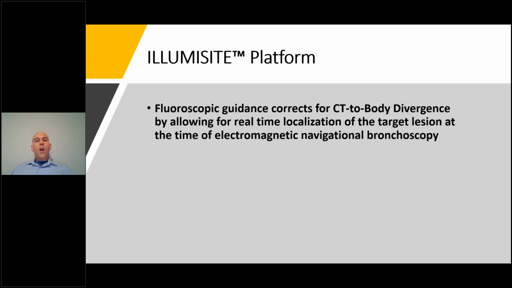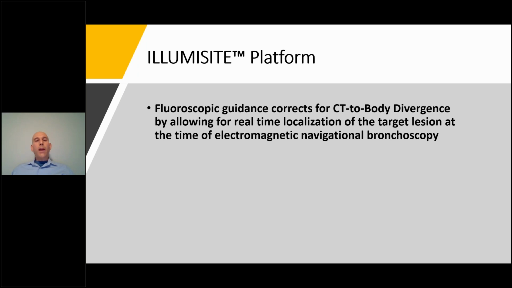So when we think about the ILLUMISITE platform, kind of summing things up here as we head to the end of our conversation, one of the things that is really impactful is that local registration and fluoroscopic guidance corrects for that CT-to-body divergence. You can see where the lesion is in real time while you're doing the navigation bronchoscopy.